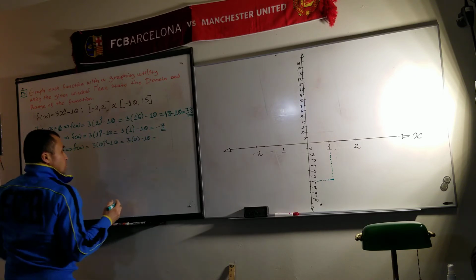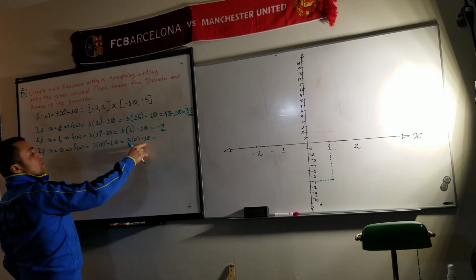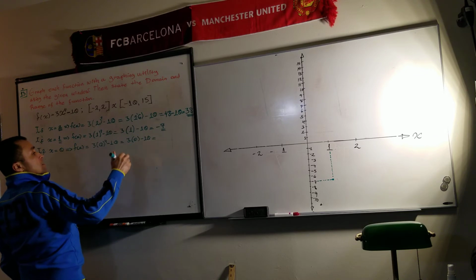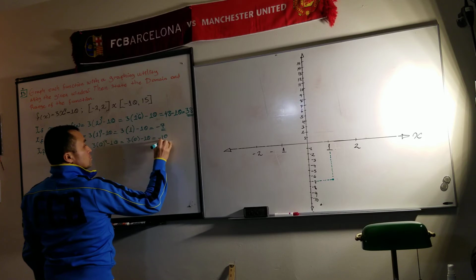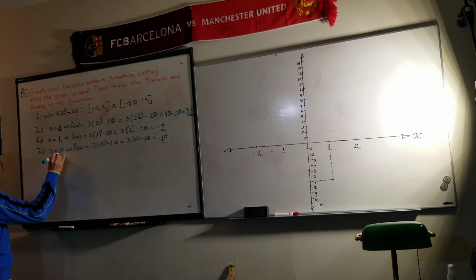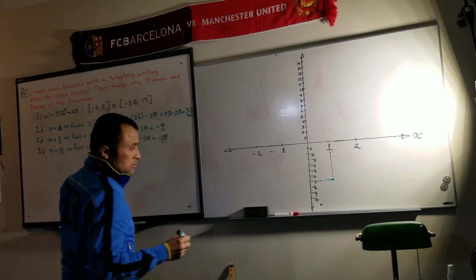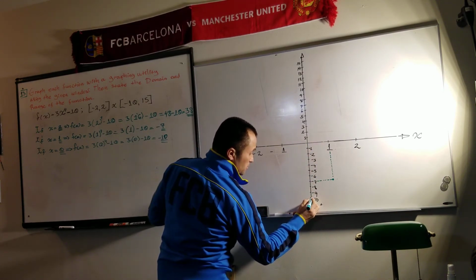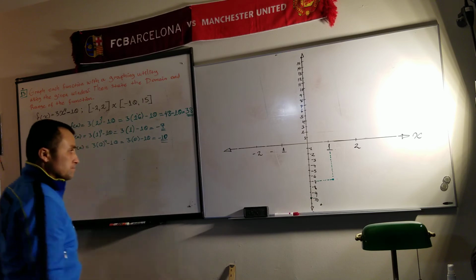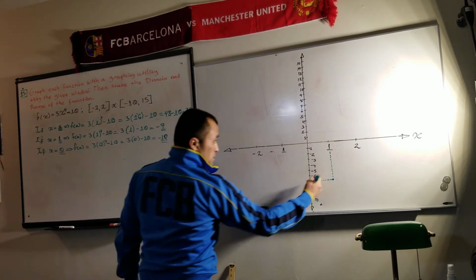And this will be equal to 3 times 0, that is 0, minus 10, that is minus 10. So we have that if x is equal to 0, y is going to be minus 10. Right? So now we have the right side of the graph.